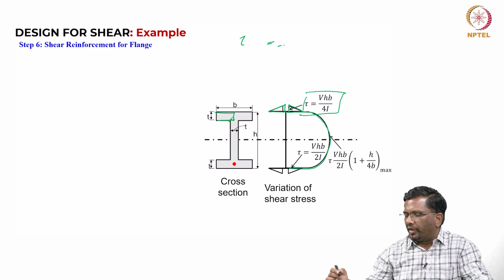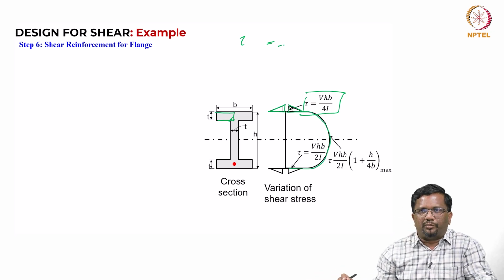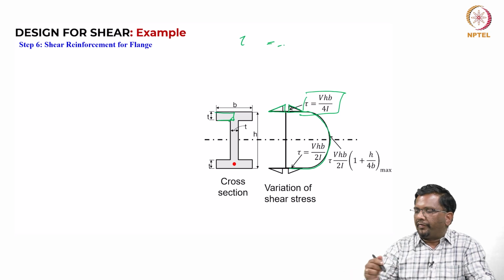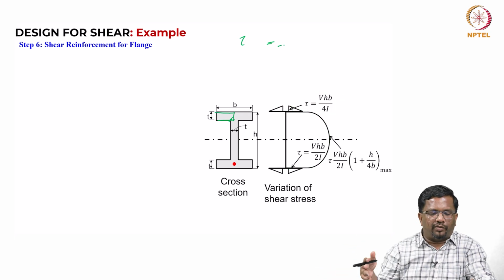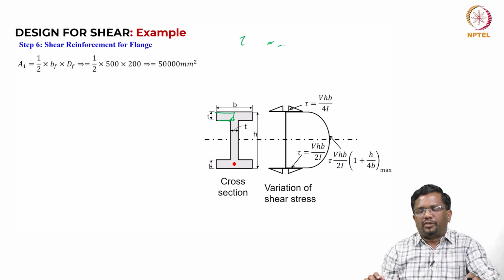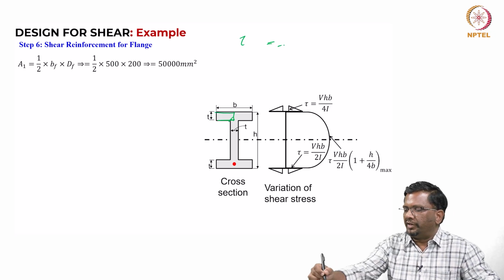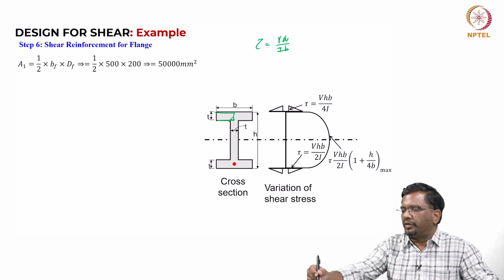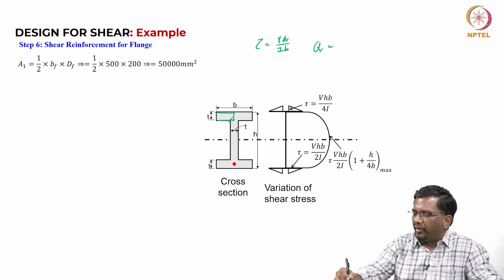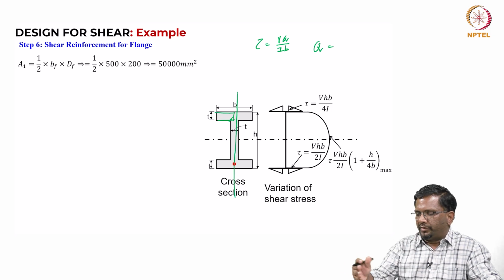You know how to calculate these things from your strength of materials, but here we are doing calculations only for the flange, because the flange will have the horizontal shear stress. So, that we need to calculate. Now, in general the tau formula is this: tau is VQ by I into B. Now, in this case Q, because I am calculating about this axis.